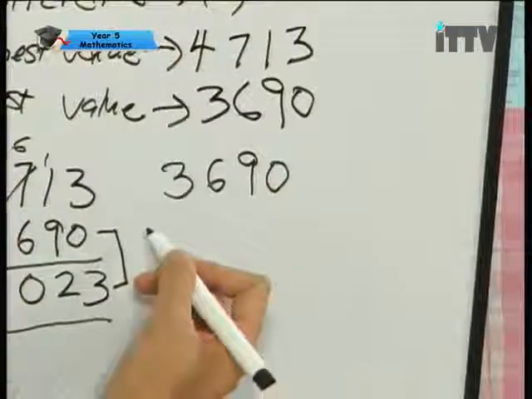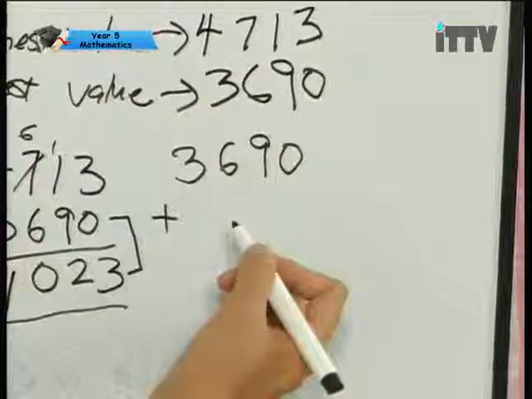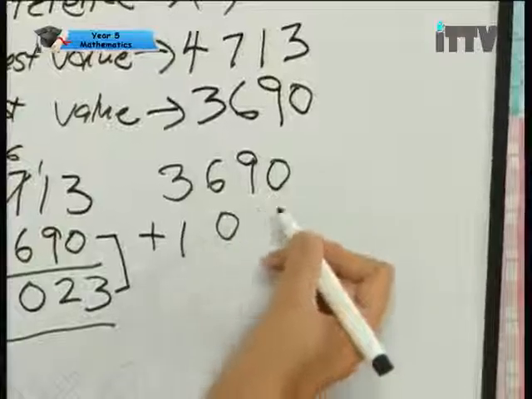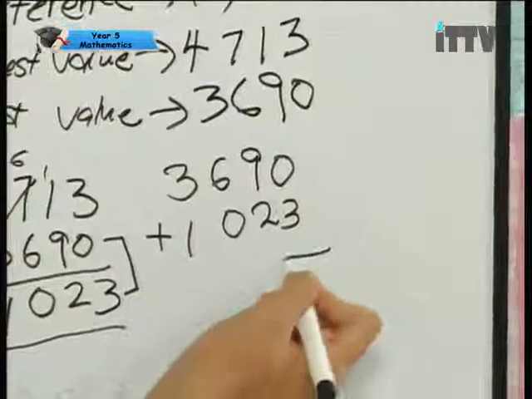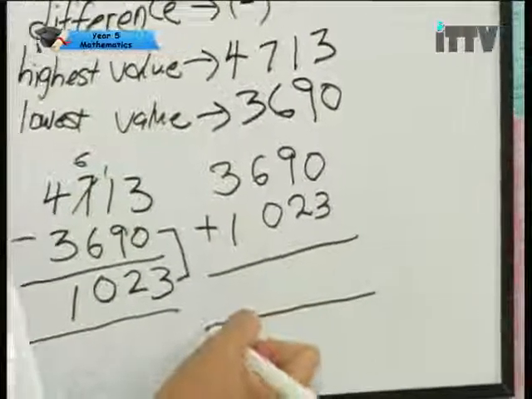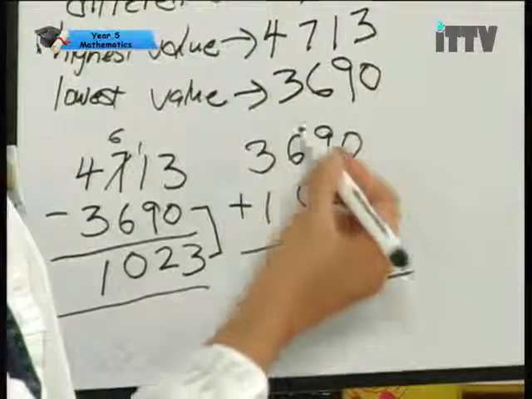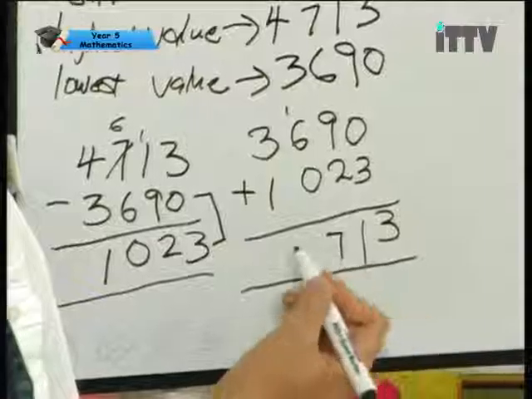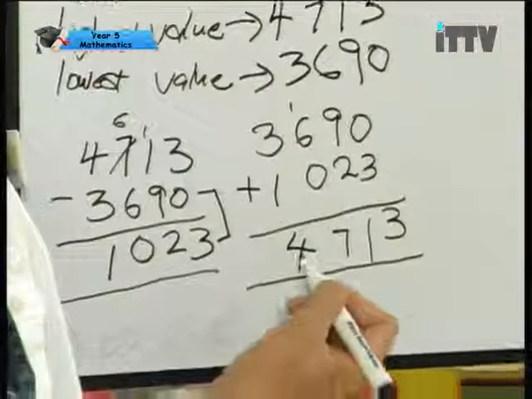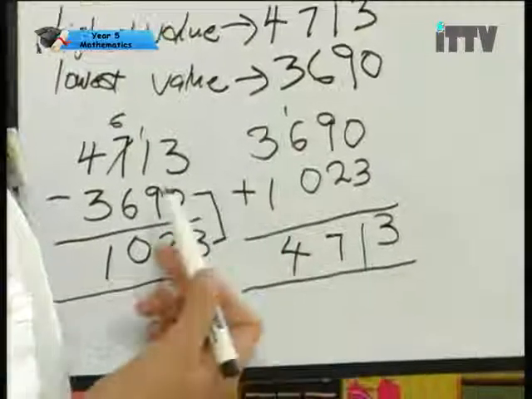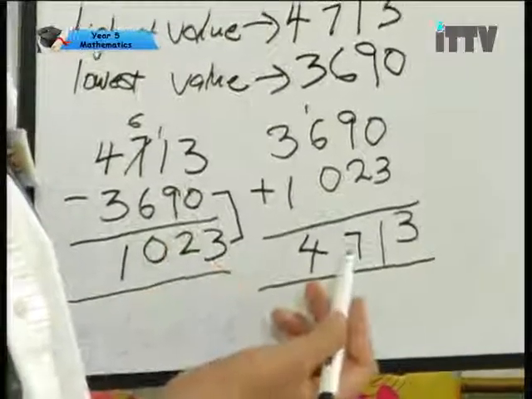3,690 plus 1,023. Now, what does this give us? 3, 9 and 2 gives us 11, 7, 4, 4,713. Oh, correct.